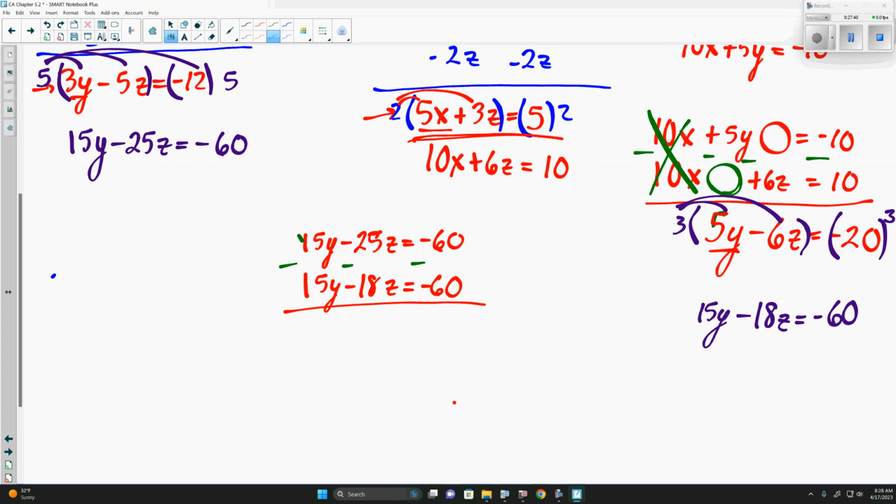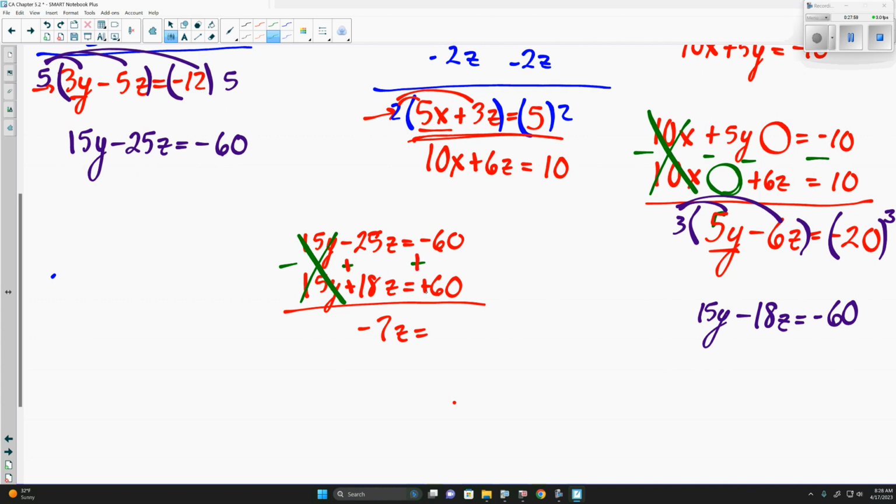Negative 15y minus 15y is 0. Negative 25z minus negative 18z. Well, the negative and negative make a plus. Negative 25 plus 18 is negative 7z. Negative 60 minus negative 60.